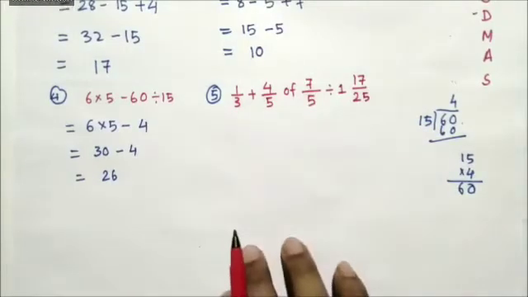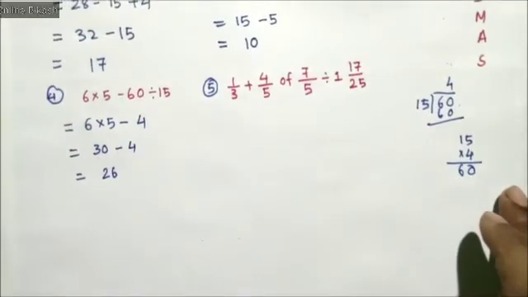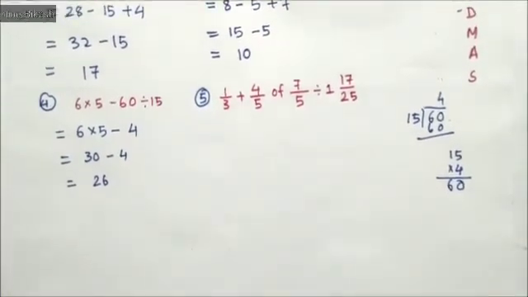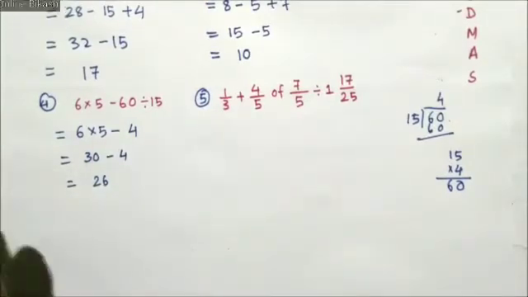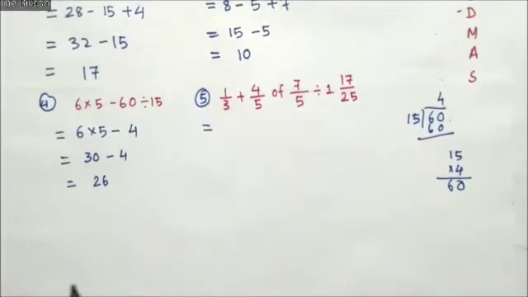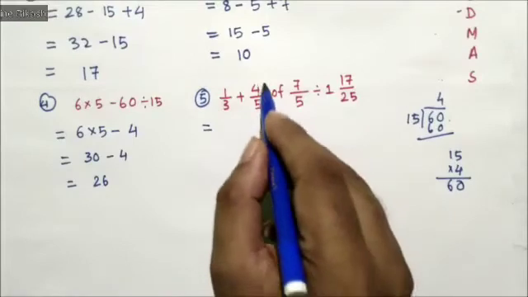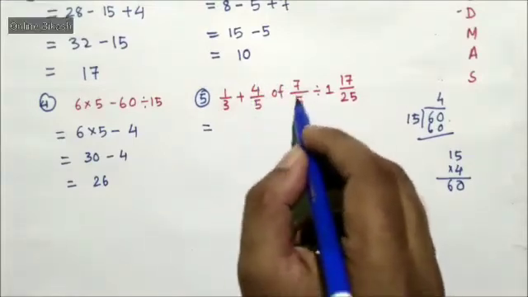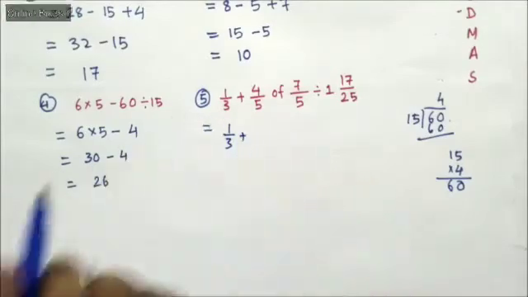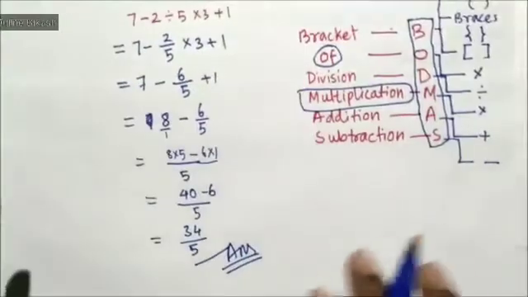Clear? Now what will we do? The function of 'of' we will do first. So this section we will do first. 1/3 plus, I told you in the previous page, let me bring it.